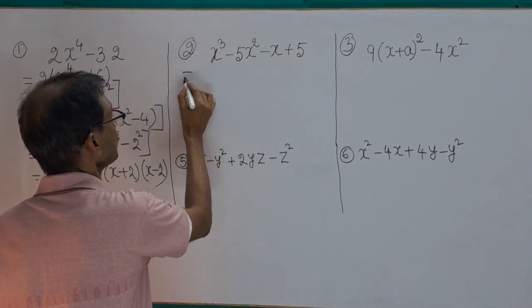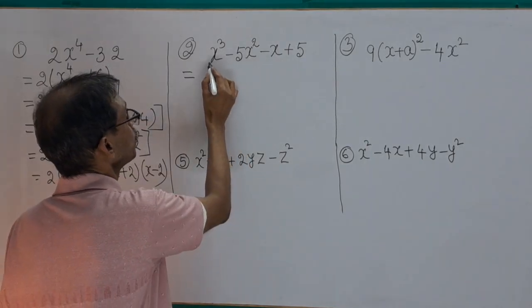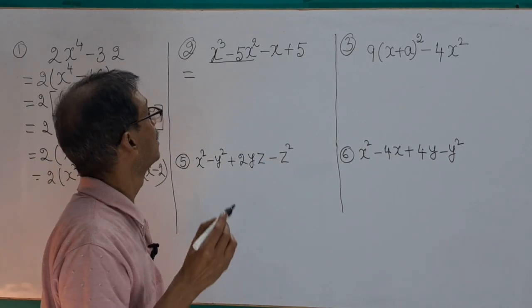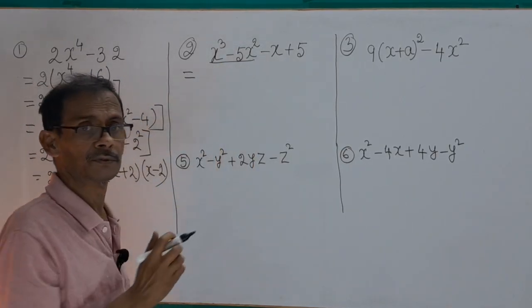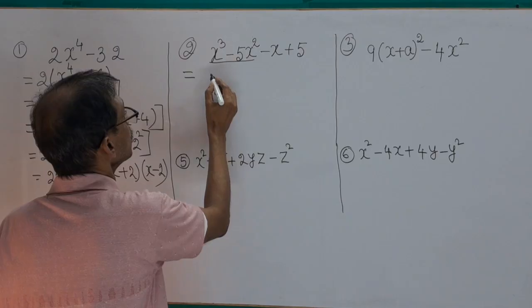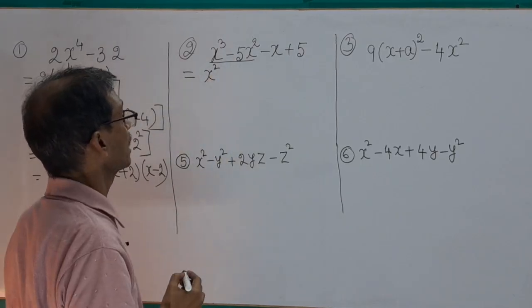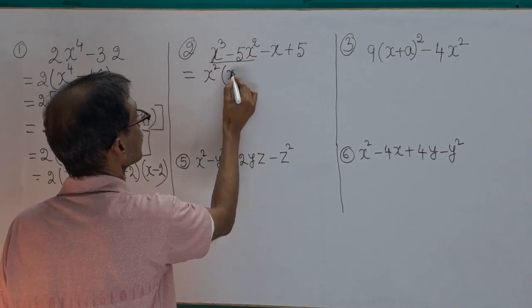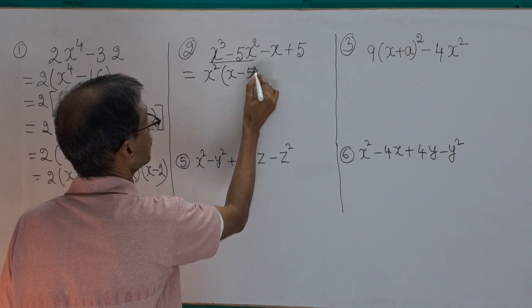Here you can see x cube minus 5x square. Here you have to take common in this group. What can you take common in these two terms? You can take x square. If you take x square, then it is coming x and it is coming minus 5.